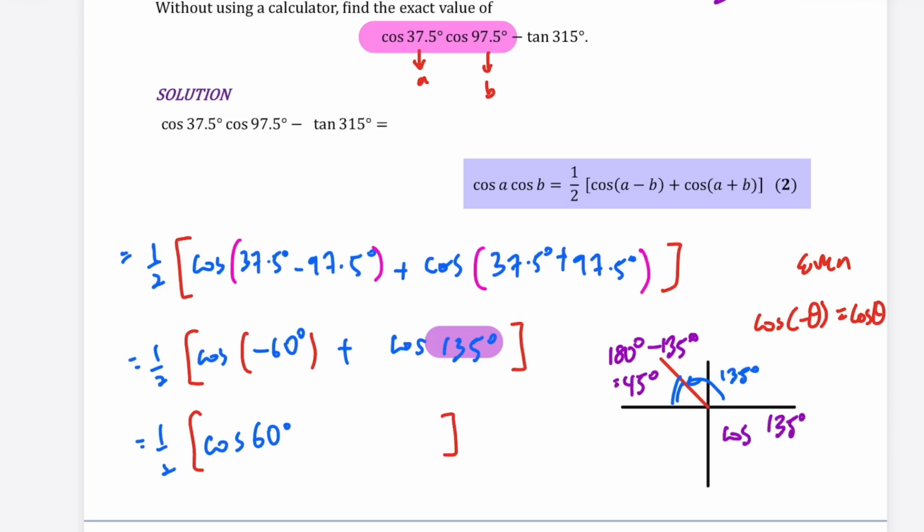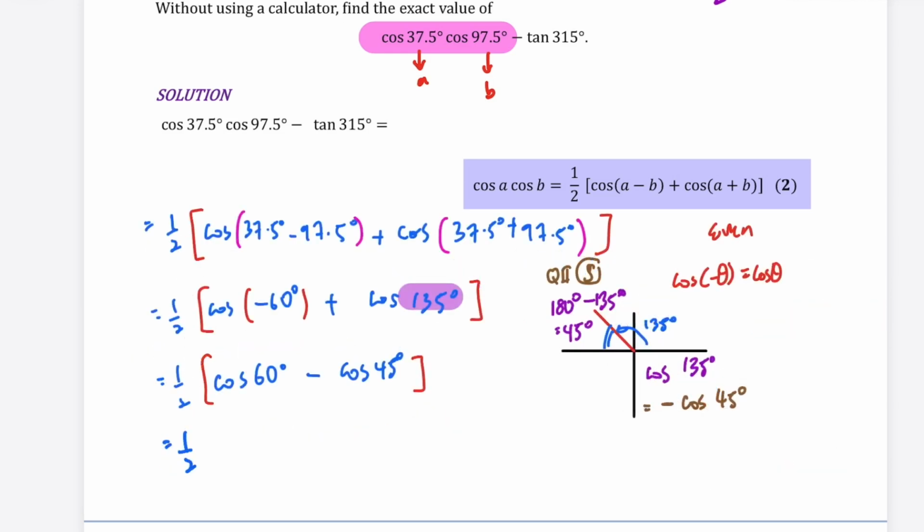Now let's open up our cos 135 degree. This is the second quadrant. The second quadrant is the house of sine. According to add sugar to coffee, this is sine. So since we're playing with cos, we need to pay the fees, which is we must multiply with minus. So this is minus cos 45 degree. So now let's rewrite our answer here, minus cos 45 degree.